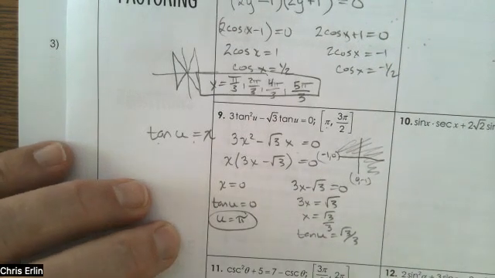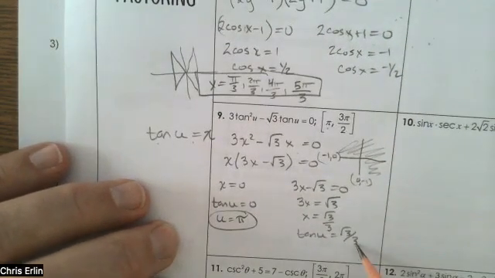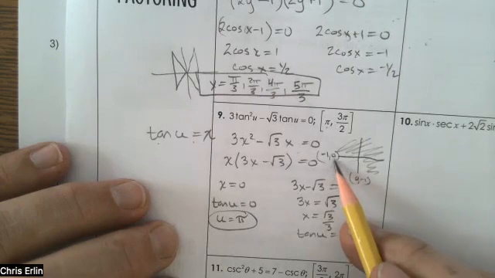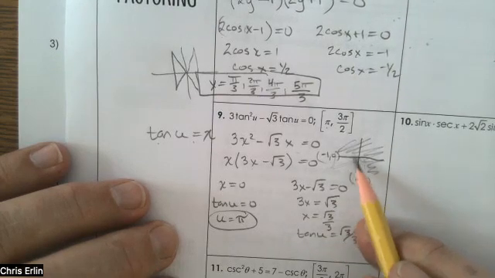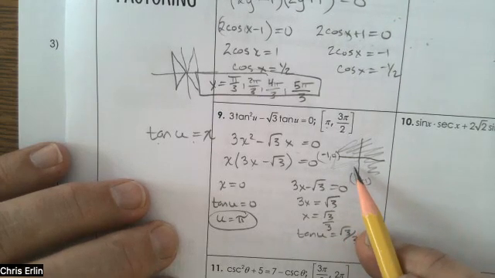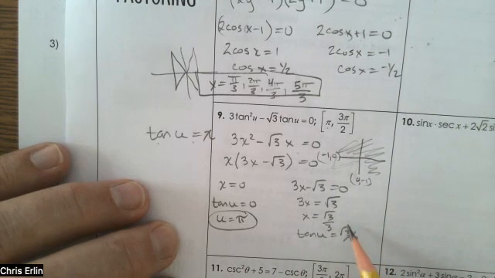Where am I going to find root 3 over 3? Do we know that it's either the short triangle, the 60-degree triangle, or the tall triangle, not the middle one, not the 45? Is this fraction greater than 1 or less than 1? Do you guys agree that the square root of 3 is smaller than 3? So as a fraction, our numerator is less than our denominator. This fraction is less than 1.